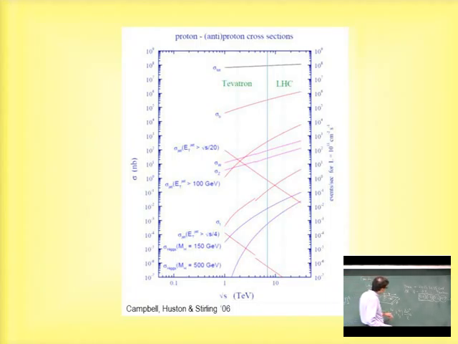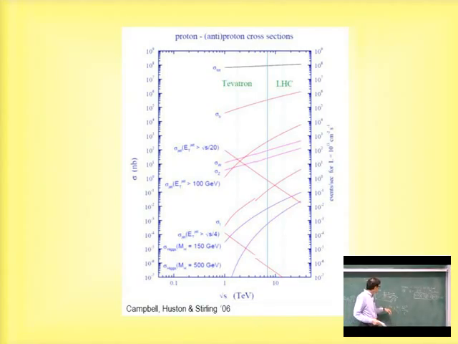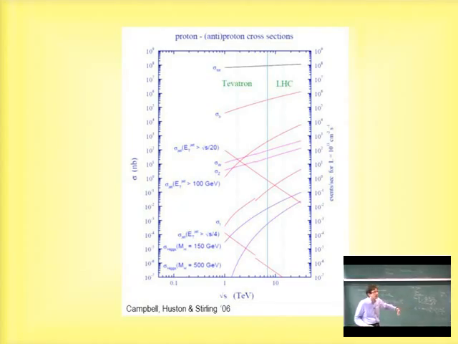So this is, in a sense, in a small angle approximation, like the pt of one of the partons with respect to the other. That's the way to think about this.